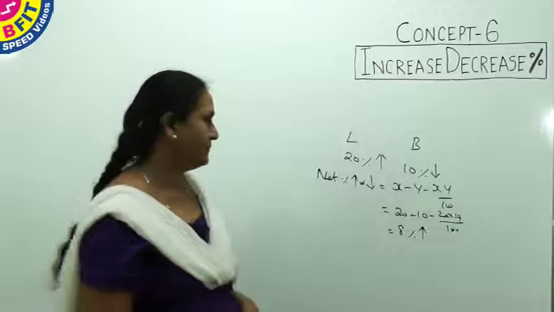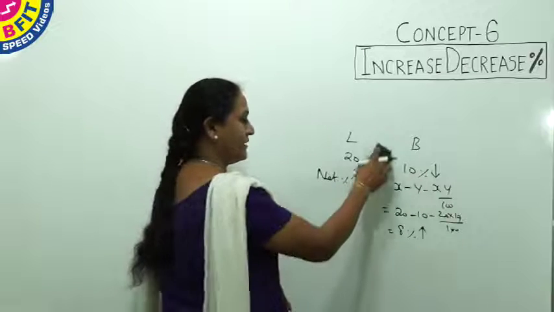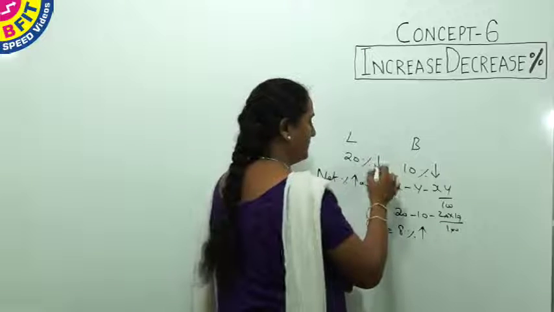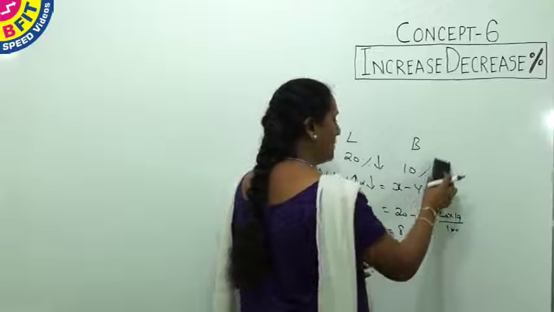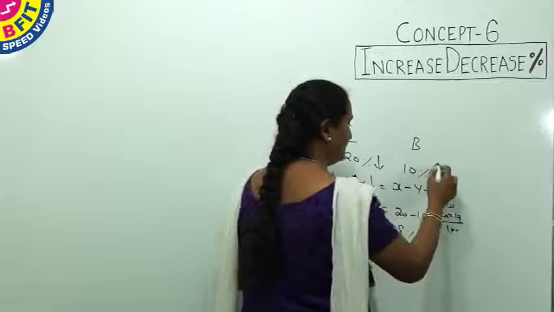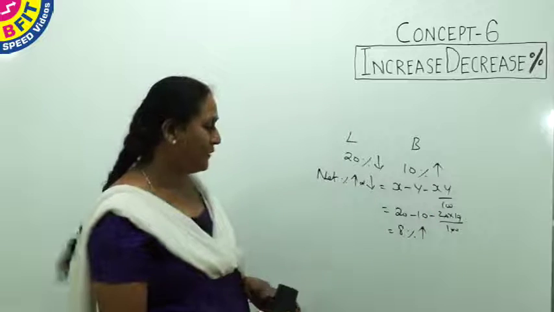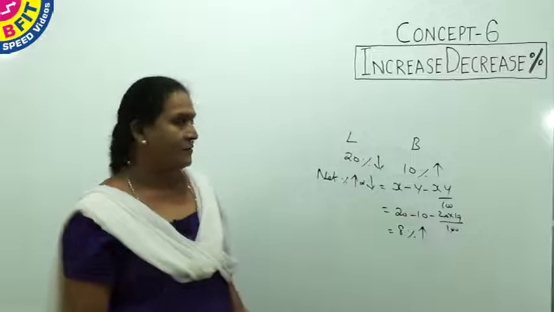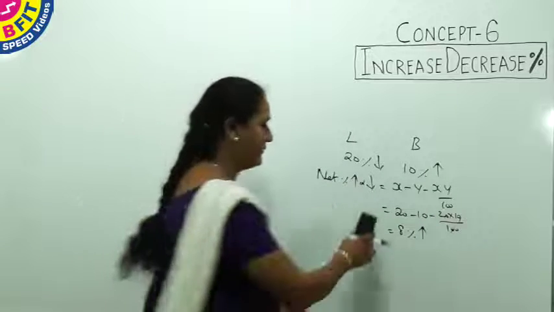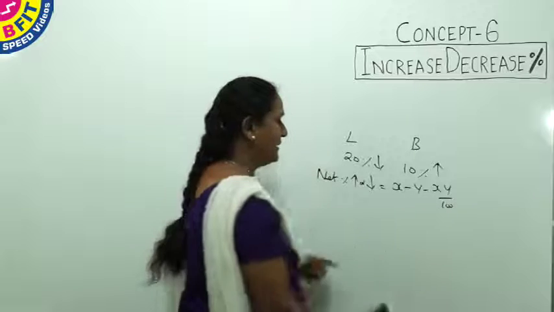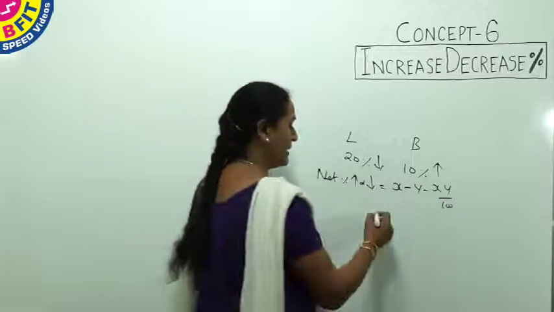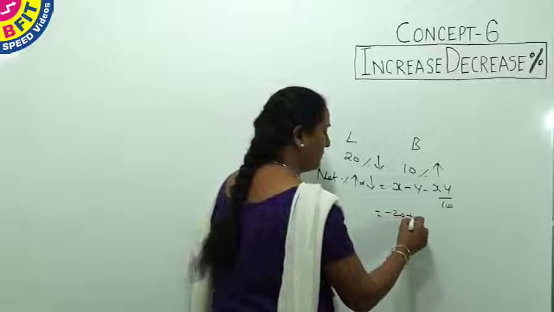Now suppose it is a 20 decrease and a 10 increase. What will be the factor? Will it be an 8% decrease? Let's see. Here the decrease percentage is 20, so take minus for 20 and plus for 10.